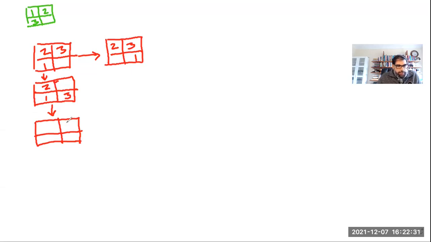So I'll push 2 to the right over here. 3 will remain in its place and 1 will remain in its place. When I'm in this state, I can either go back up, or I can enter a new state, which is to push 1 up, right? So from here, I can go to this state, 1, 2, and 3.